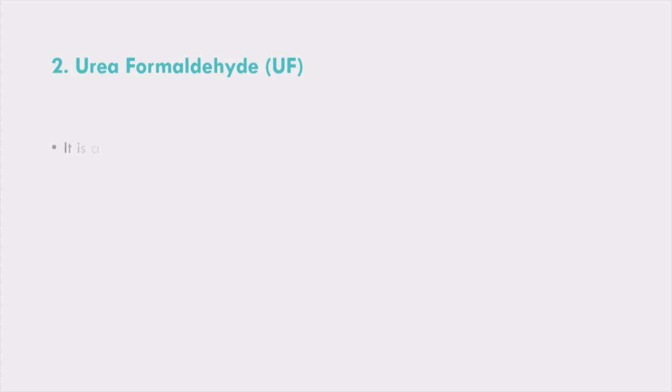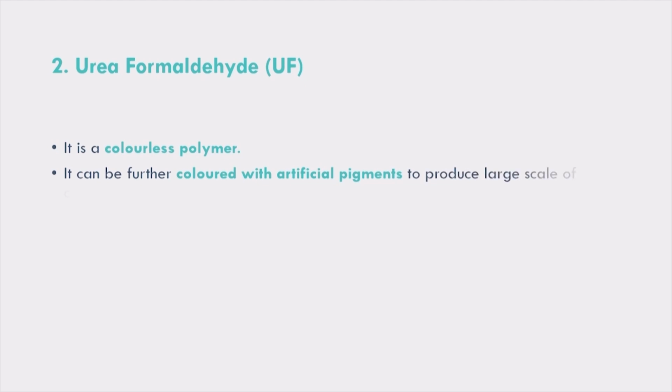Urea-formaldehyde (UF). It is a colorless polymer. It can be further colored with artificial pigments to produce a large variety of colored articles. It is a good insulator of heat and electricity.